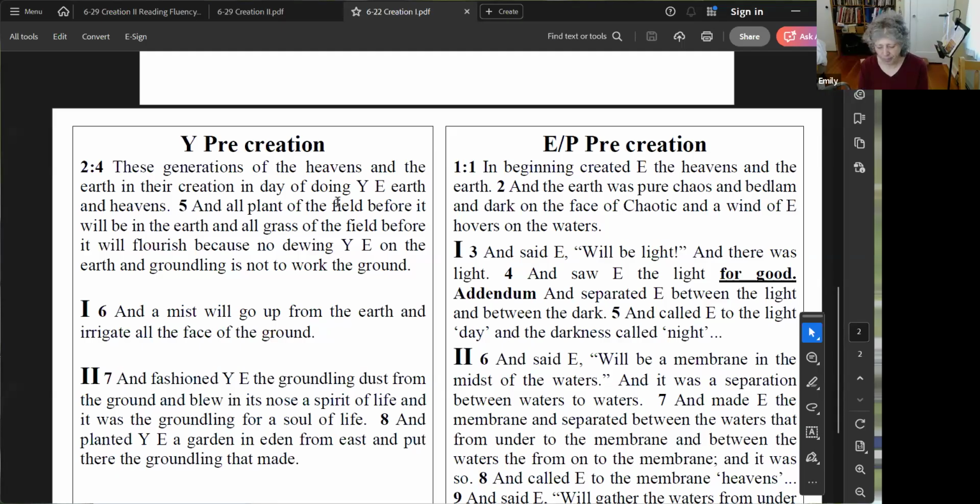Okay. There's not a parallel of what those steps are, however, because they're coming at it from two very different points of view. In the EP story, there's too much water. In the Y story, there's not enough water. So we have to move from too much water to organization.